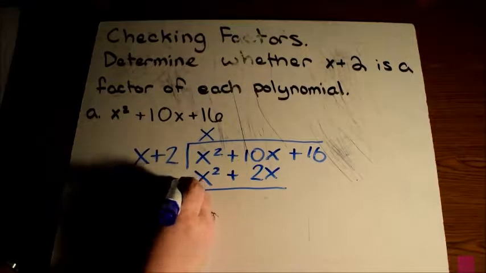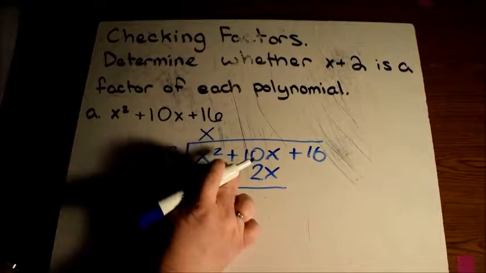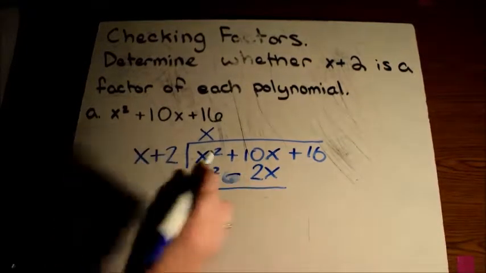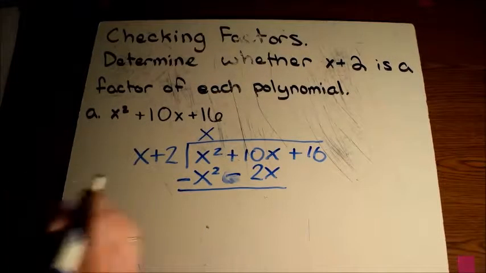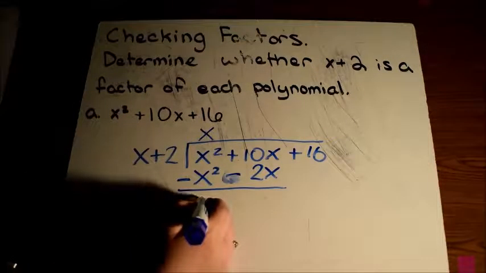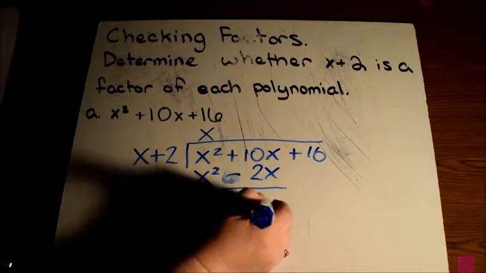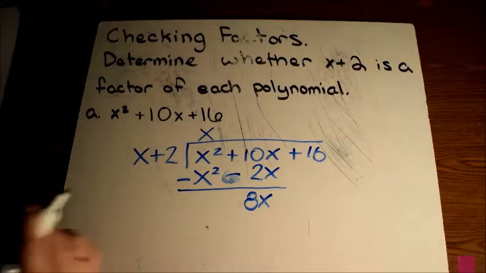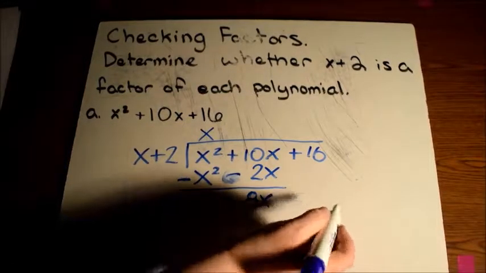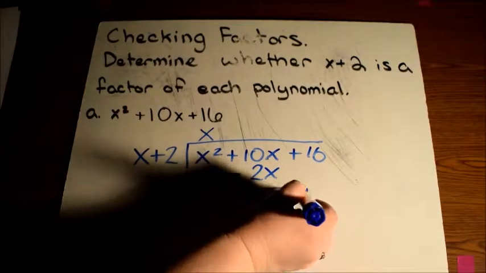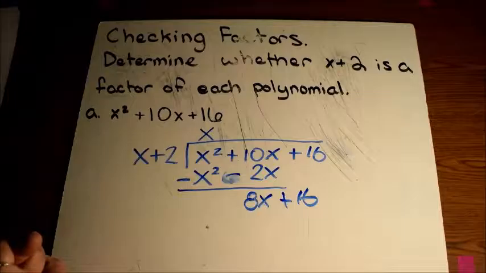Sister says subtract, so we change all the signs. This plus becomes a minus. X squared minus x squared is 0. 10x minus 2x is 8x. And then Brother, bring down this last term. So plus 16. All right, let's start over again.